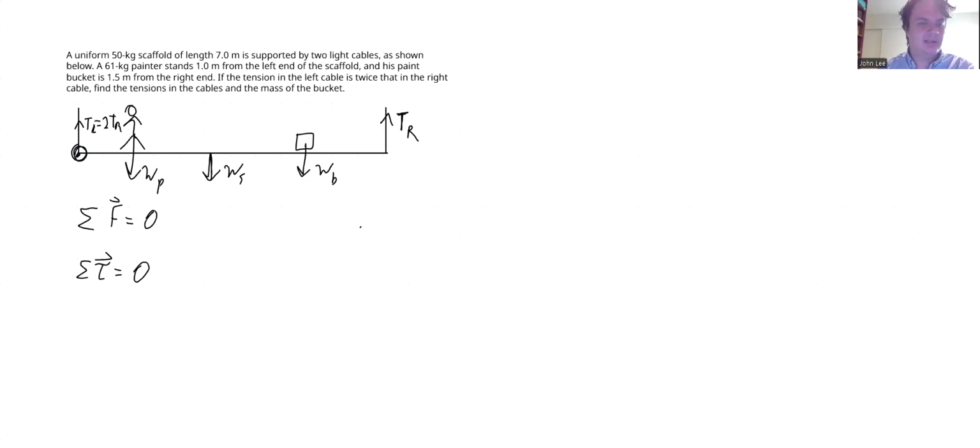So this is going to be the sum of Fy is equal to 2TR up, minus the weight of the person down, minus the weight of the scaffold down, minus the weight of the bucket down, plus TR up.